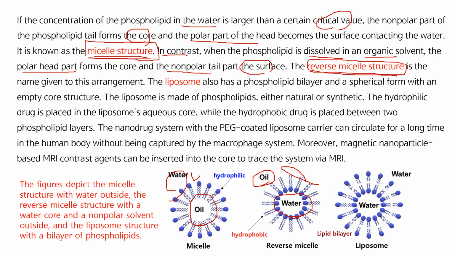The liposome has a phospholipid bilayer and a spherical form with an empty core structure. So this liposome has a phospholipid bilayer, and also it has a spherical form. So liposome is made up of phospholipids, either natural or synthetic.